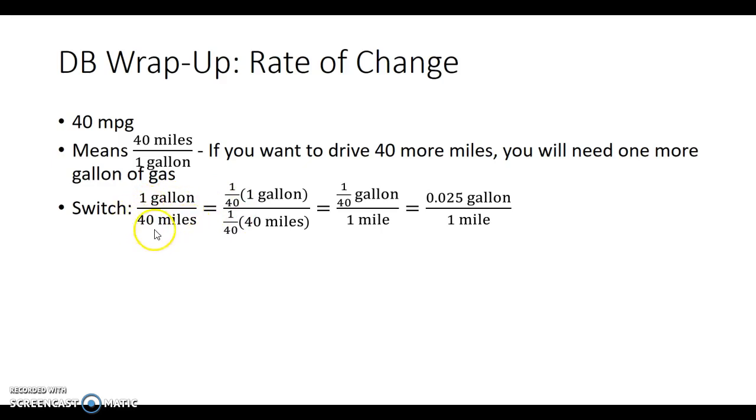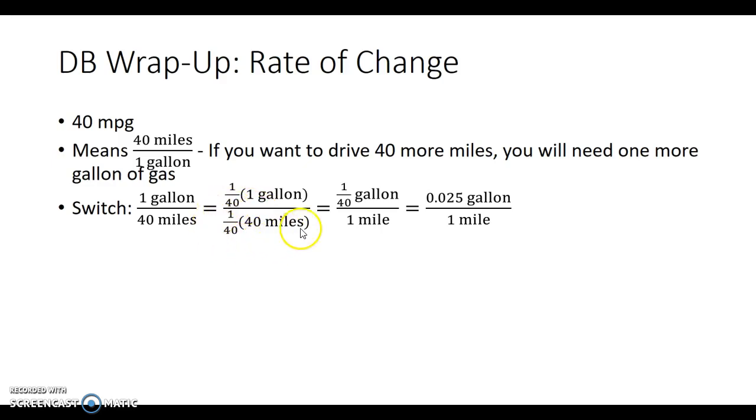Now, if I want to have this be a unit rate, that means I want the denominator to be per 1 mile. Well, if this is 1 gallon to 40 miles, I really only want to look at this rate for 1/40th of that, right? Because if I multiply anything by its reciprocal, meaning 40 over 1, its reciprocal is 1 over 40. Alternatively, if I break 40 miles into 40 individual pieces, I will get 1 mile.